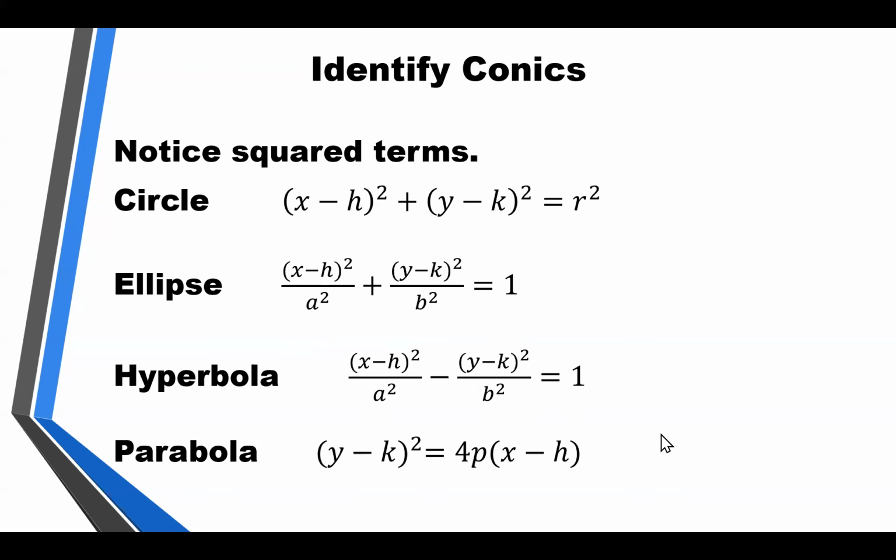I want you to notice that if we don't have nice standard form equations, then there are relationships that I can pull out of these standard forms, specifically the squared terms. If I look at the squared terms of a circle, if I expand this out, I'm going to get an x squared. And if I expand this out, I'll get a y squared plus other terms.